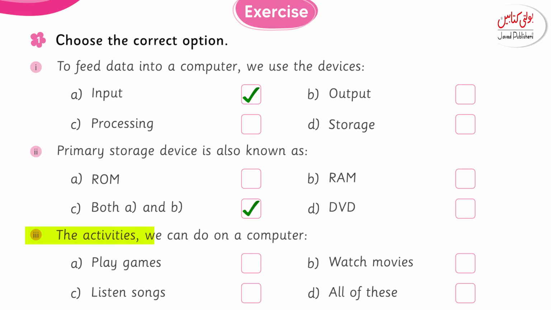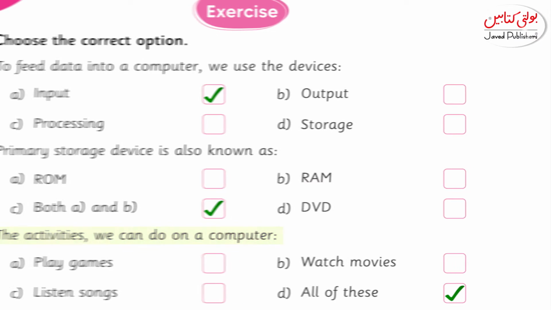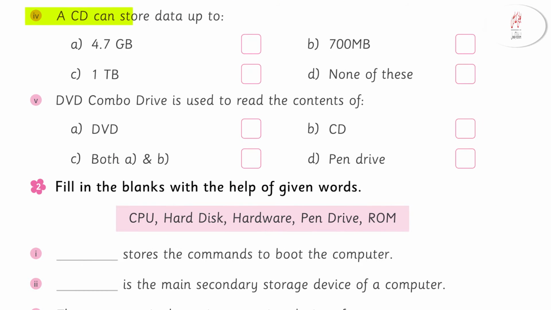The activities we can do on a computer: play games, watch movies, listen songs, or all of these. We can do all these activities, so option D is the right option, all of these. A CD can store data up to 4.7 GB, 700 MB, 1 TB, or none of these.